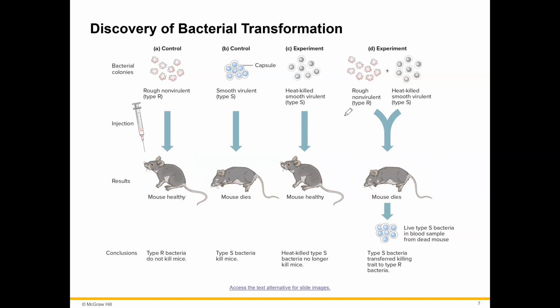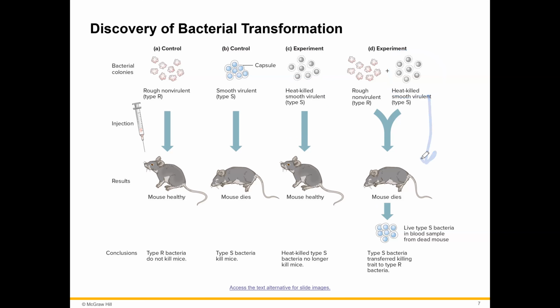So you take type R that is not dangerous. You take heat-killed type S that is also not supposed to be dangerous, but when you mix them together, the mouse dies. So what can be a possible explanation? Well, one explanation could be that type S came back to life.